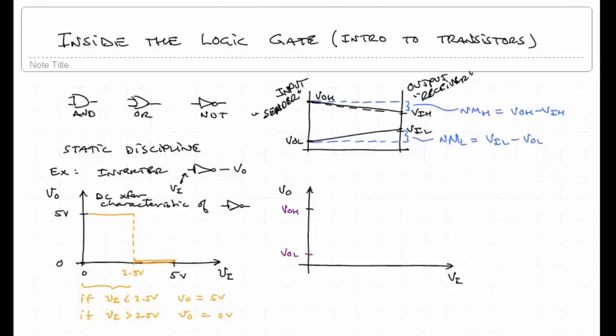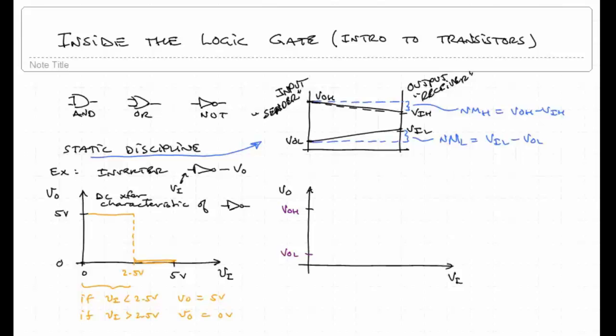So any logic circuit that complies with the static discipline is going to agree that its output signals comply with VO high or VO low. Logic low will always be less than or equal to VO low, and any logic high output will always be greater than or equal to VO high. Then any inputs to that logic gate will have to comply with VI high and VI low.